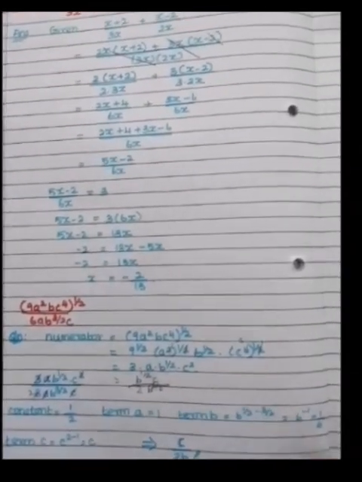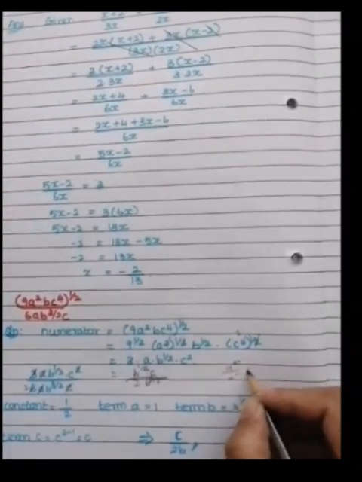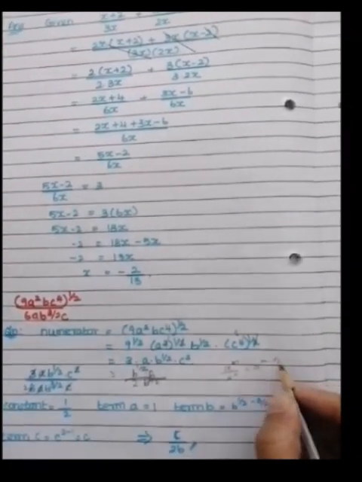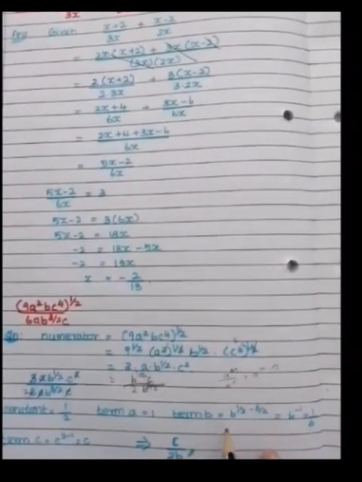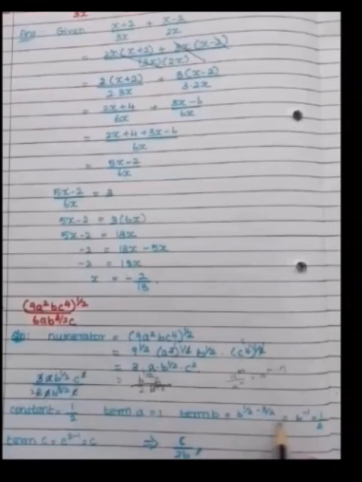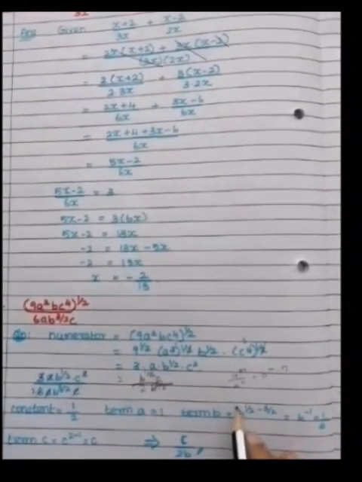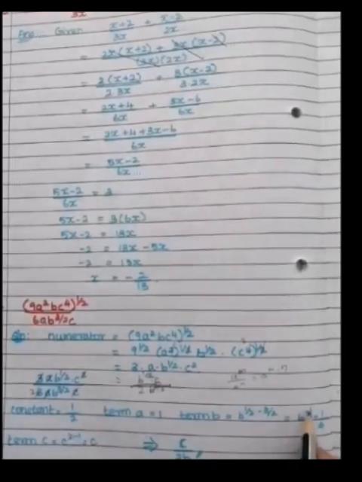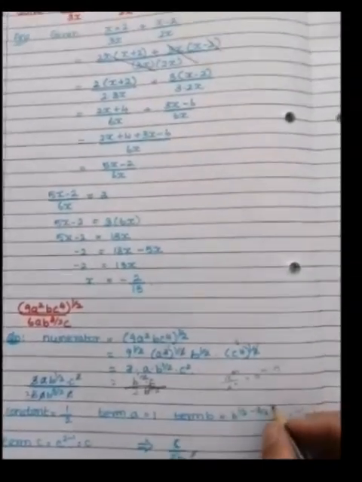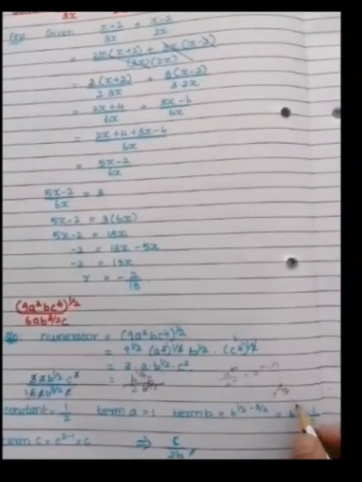If we take that a power m divided by a power n is equal to a power m minus n, we can write it as b power 1 by 2 minus 3 by 2, the denominator the same. So 1 minus 3 is minus 2 divided by 2. Minus 2 divided by 2, 2 cancels and minus 1 remains.